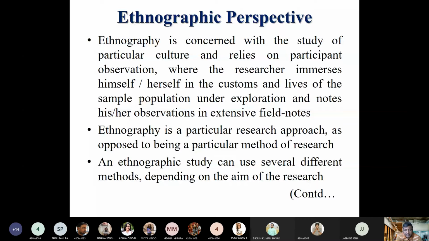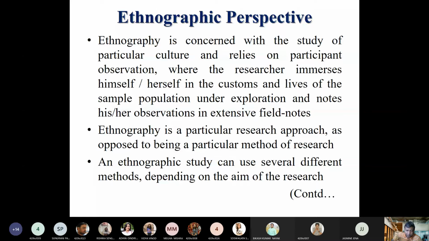In participant observation, the researcher immerses himself or herself in the customs and lives of the sample population under exploration and notes his or her observations in extensive field notes. We are doing extensive fieldwork, depending on extensive field notes and on somebody's experience.